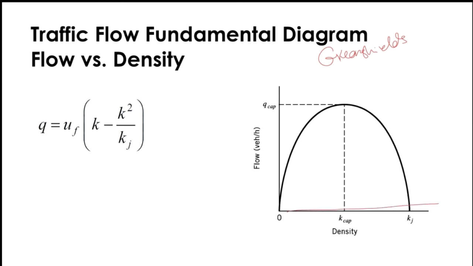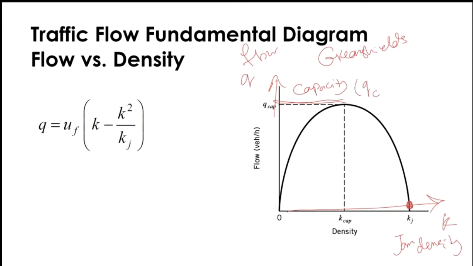So x-axis here is density, K. Y-axis is flow or Q. This is Kj, jam density. Here is maximum flow or capacity. We can also call it Q cap or QC.